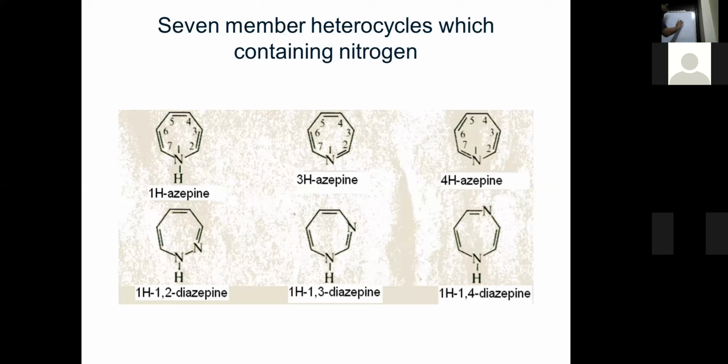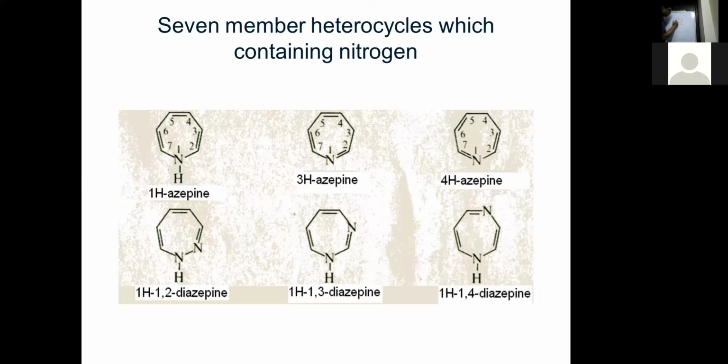Now let's go for the second example. Now let's see this N, 1, 2, 3, 4, 5, 6, 7. There are double bonds at 1 and 2, and there is no double bond at the third position.